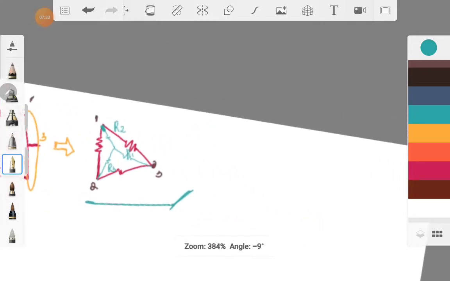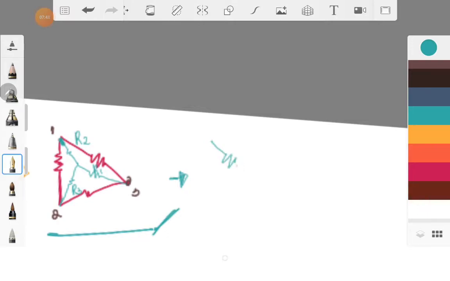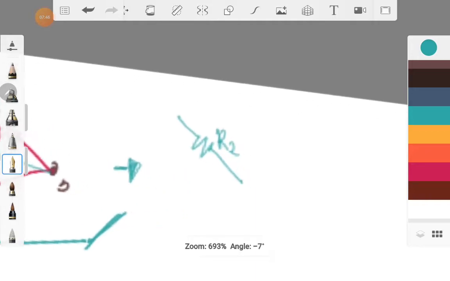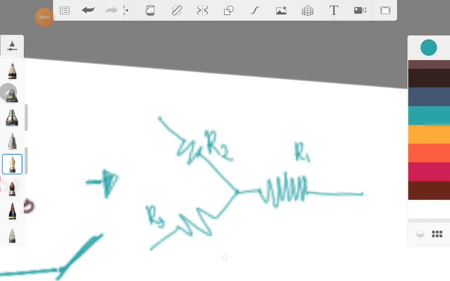Okay. So this is what we will attach later to what we isolated. So we have our R2, R3, and R1.